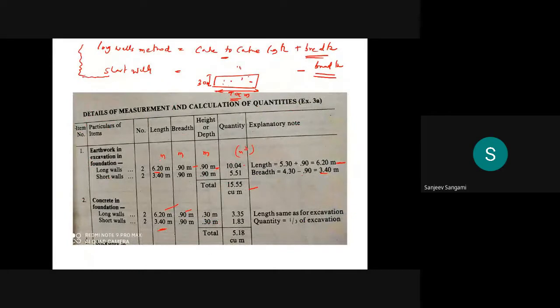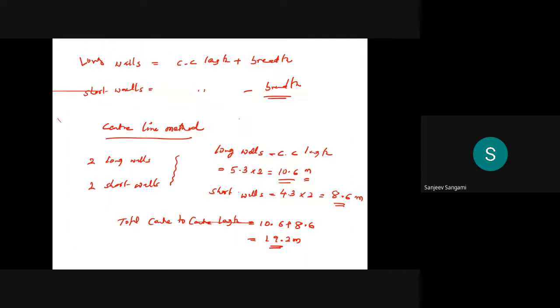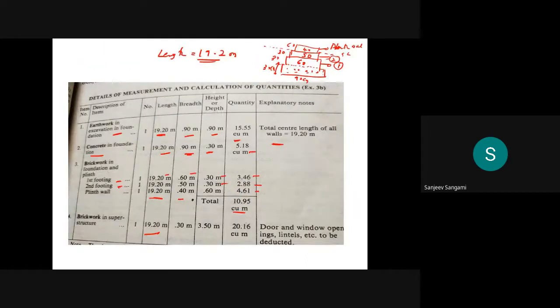So now, can we compare it with both the methods? The first case which we did with long wall and short wall methods, for earthwork excavation in foundation. So before going to do that, what we will do is that we'll prepare the abstract.